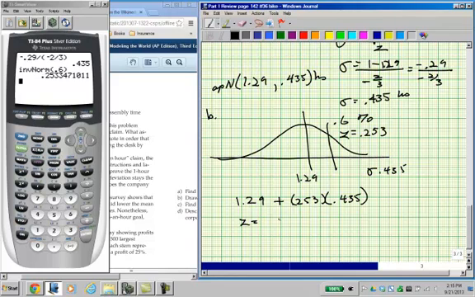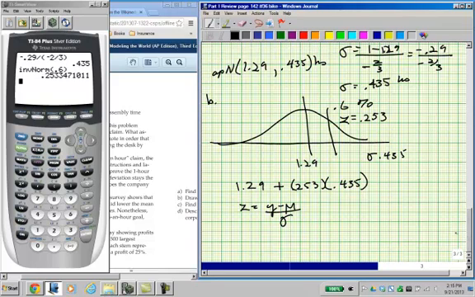Well, if you take z equals y minus mu over sigma and solve for y, multiply both sides by sigma, you get sigma z equals y minus mu, add mu to both sides, mu plus sigma z equals y.